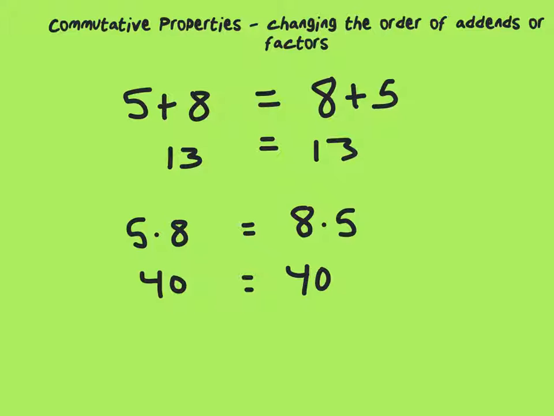Now this only works with addition and multiplication. If you try to do this with subtraction or division, you're going to get the wrong answer. So I want to stress to you that you can only use this with addition and multiplication. Once again, commutative properties is where you're changing the order of add-ins or factors.